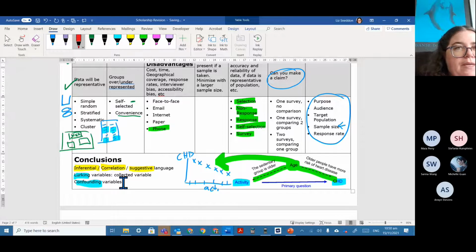So you've got information on that specific variable, but you're not drawing it on that particular graph. Whereas the confounding variable is when you did not collect that variable. So you haven't got any data on it, but that's when you're just talking about what else could be behind it.